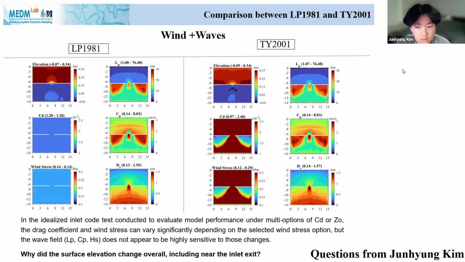However, the surface elevation changed quite a lot. If you see the right one compared to LP, the upper region is lower than LP, and near the inlet exit, we can also see some differences. I'm not clear what caused the surface elevation to change like this. That's what I want to make sure.